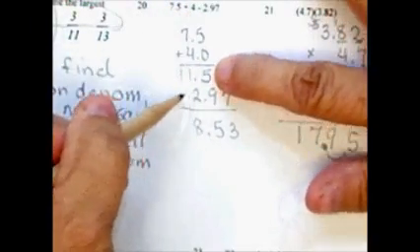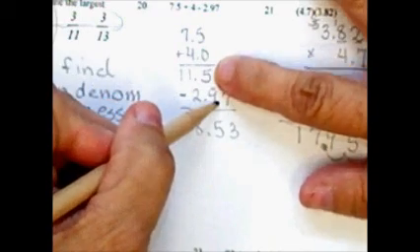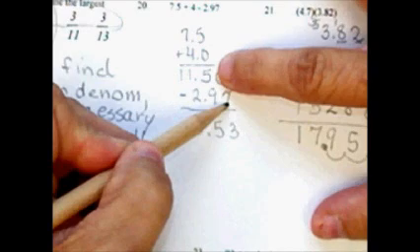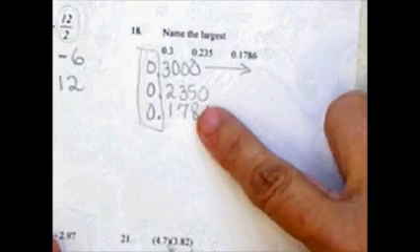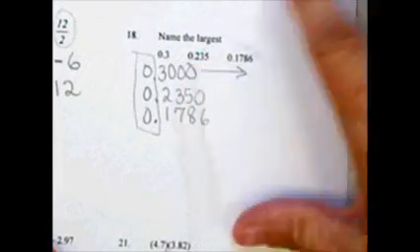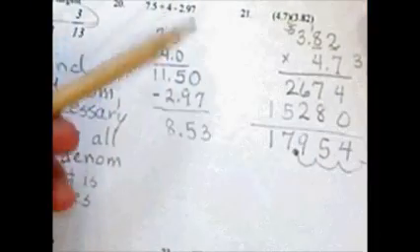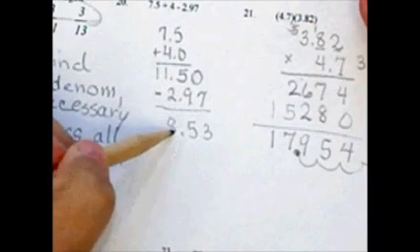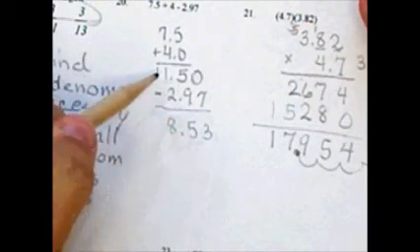But if I only have a 5 there, I don't have anything to subtract the 7 from. Now remember up here when we were doing name the largest and we added those zeros, we can do the same thing here. So I can add a 0. Then I can subtract, and my answer would be 8.53. Big number's positive.